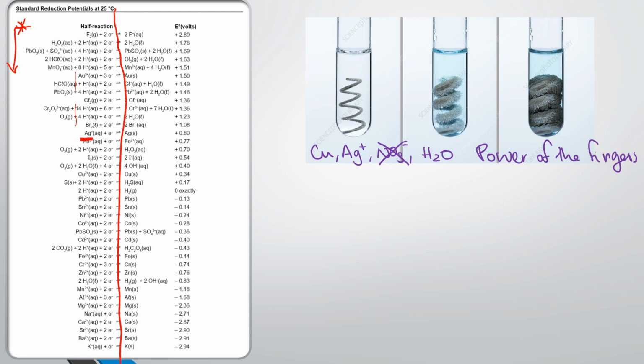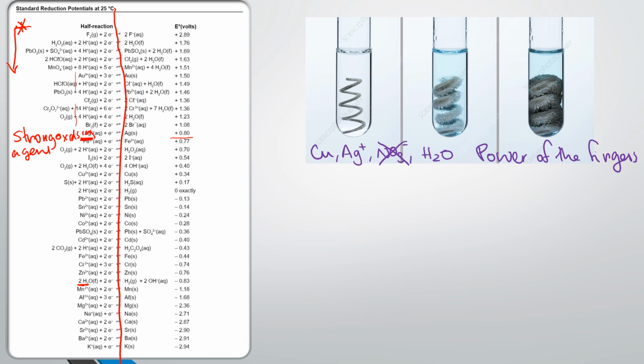This means the silver ion is the strongest oxidizing agent present. If I went further downwards, I would see that water is also present, but it is not a strong oxidizing agent. Have a look at the differences. Our silver ions going to silver has an E0 for reduction of positive 0.8 volts, whereas water going to hydrogen gas has an E0 for reduction of negative 0.83.